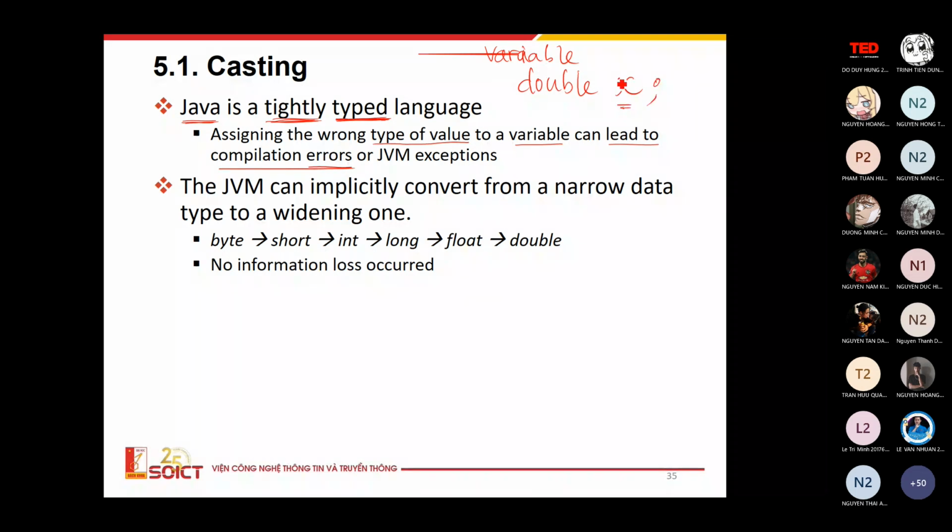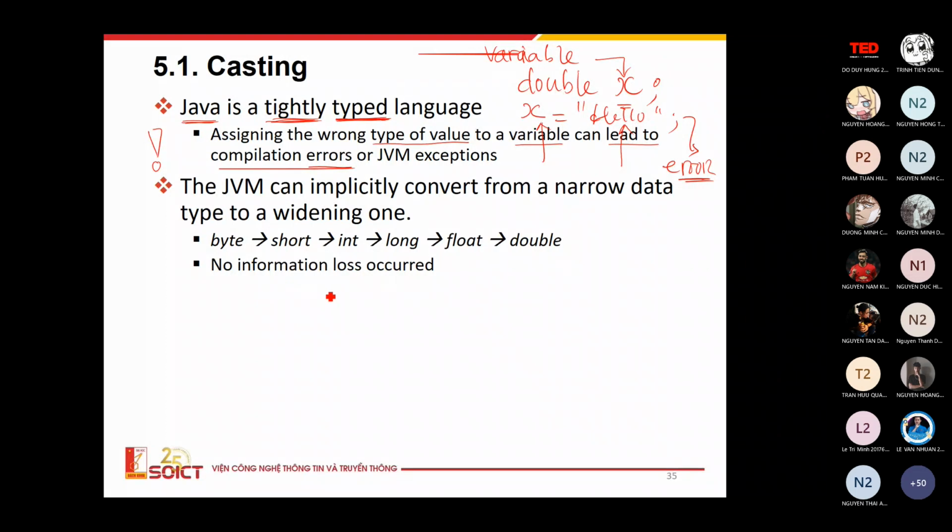That means I have a variable x. Okay, and now you assign a wrong value to x. For example, hello, like this. It will take you to the error. Okay, because you assign a string of character to a variable of double type. So it will get you the error. Okay, so be careful when you assign a value to a variable.